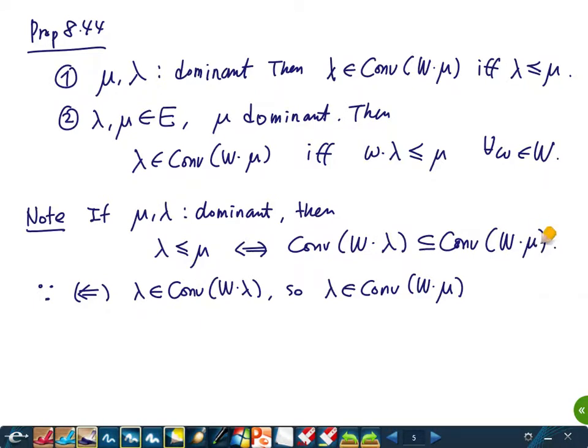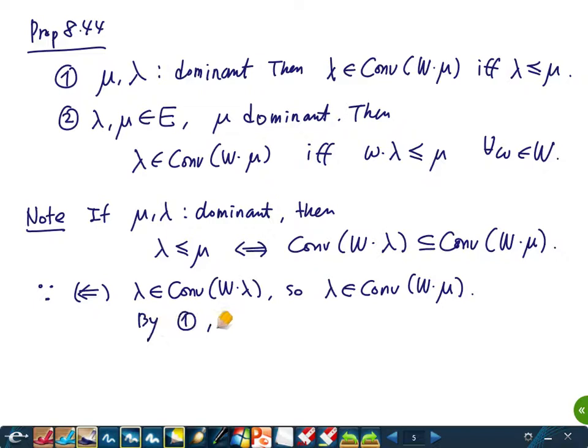But anyway, this is equivalent, because for one direction, lambda is in here for sure, because lambda is one of the elements, then this is inside here, right?